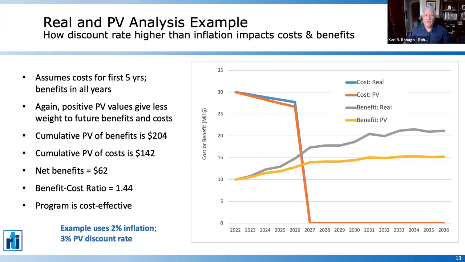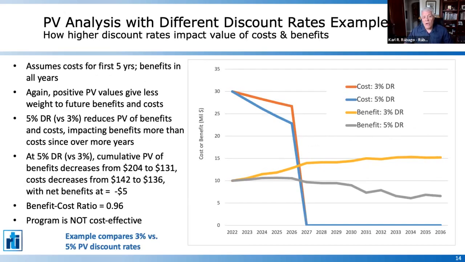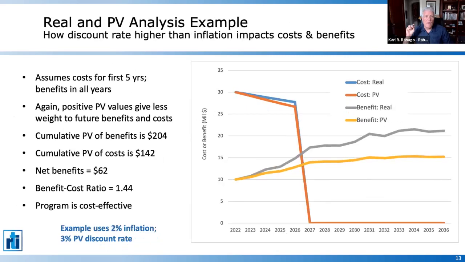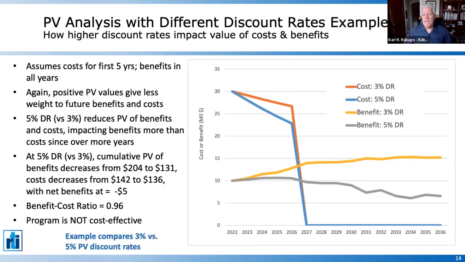We know that. All right, so let's go one step further and look at how important the discount rate is. Here, we've taken the same exact data we used in the previous example, but what we did is we looked at having a 5% present value discount rate.